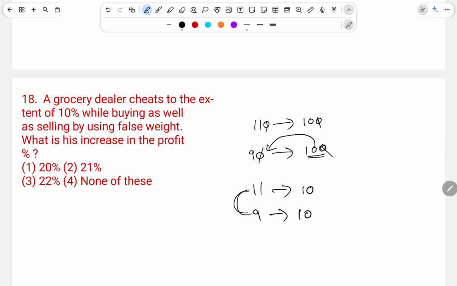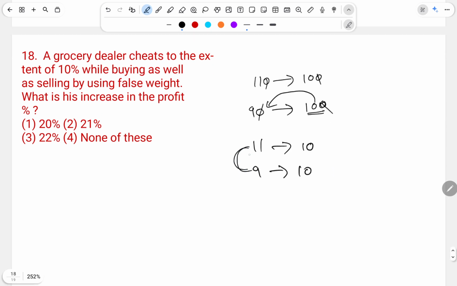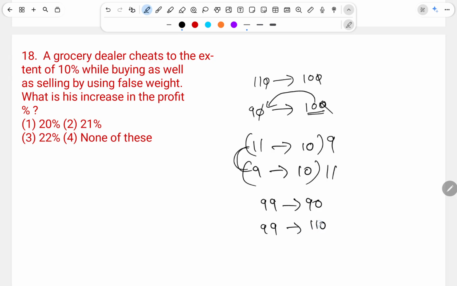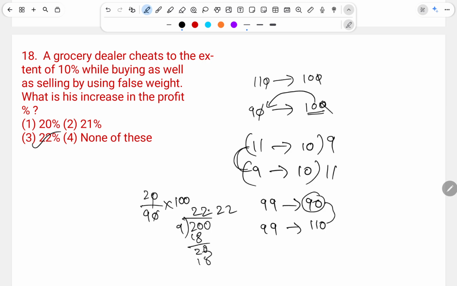So make the LCM. To make that, we have to multiply this by 9 and this by 11. 99 to 90, 99 to 110. There is an increase of, means profit of 20, 20 by 90 into 100, which is 200 by 9. 9 twos are 18. 0.22. So 22% approximately.